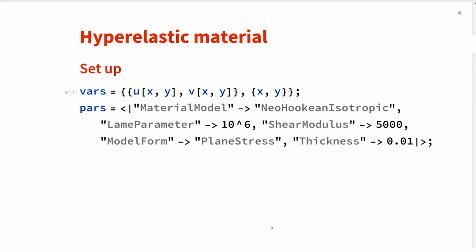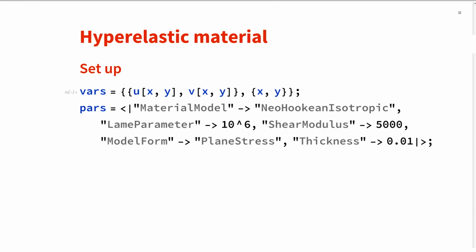Now we have a coupled problem. So we have the displacement in the U and then the V direction, so X and Y direction. Independent variables are X and Y. It's a 2D problem. And the parameter specification now is that we specify the material model is a Neo-Hookean isotropic material. Material parameters, Lamé parameter, shear modulus.